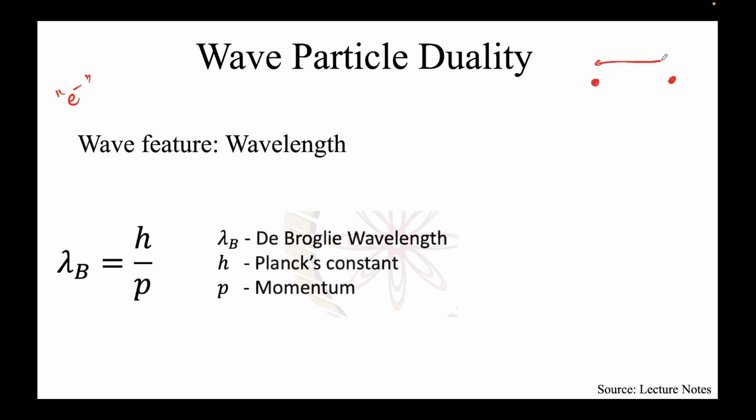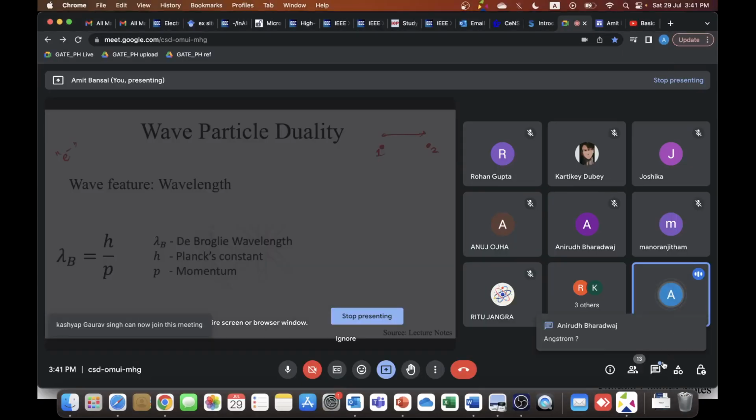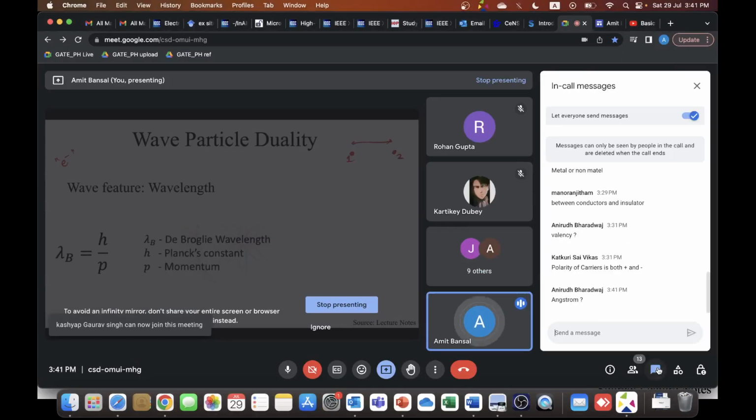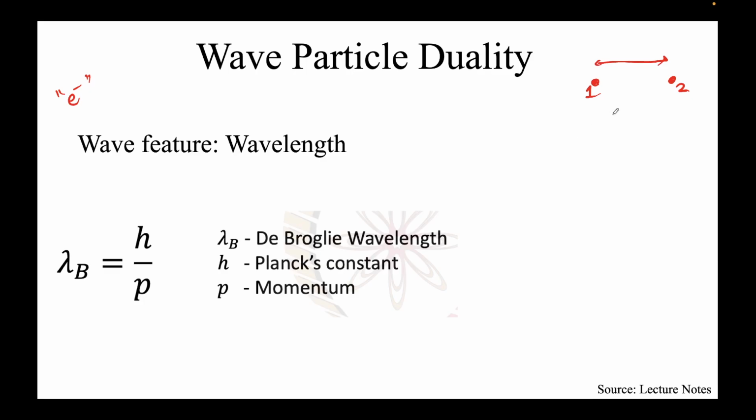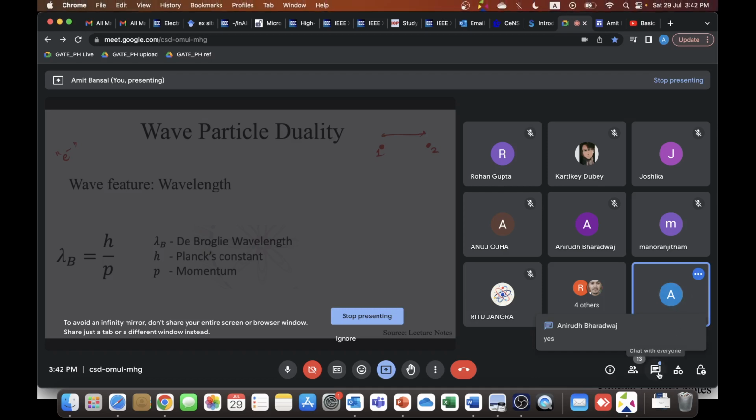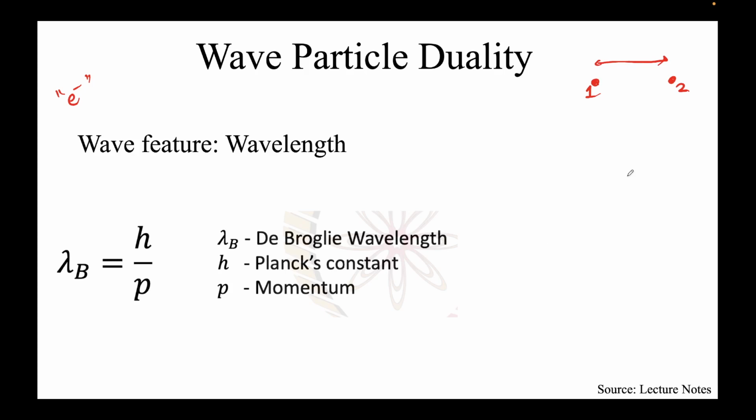This is atom 1, this is atom 2. What is this distance called typically? It has a specific name. Okay, somebody responded, angstrom. Okay, you're talking about the range, I believe, of the size of an atom. Is it angstrom or even lower? Yeah, so okay, that's what I'm saying.